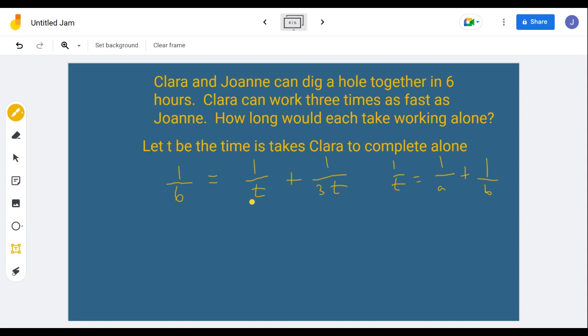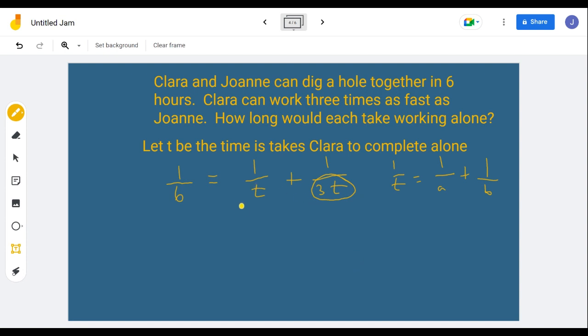For instance, if it were 10 hours, she would have completed 1/10 of it. But because Clara is 3 times as fast as Joanne, Joanne would take 3 times as long. So Joanne would take 3t to complete the task.